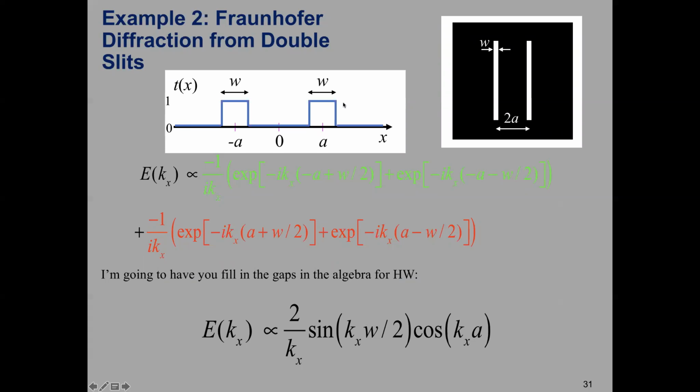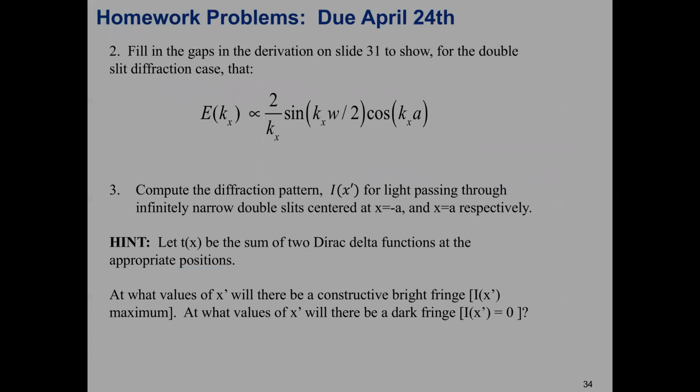And I know those things are annoying, but the great thing about them is that they make integrals very easy. So for your third problem for this set, you're going to compute that diffraction pattern for light passing through these very, very small, narrow double slits that are still a distance 2a apart. And the way to do that is to write T of x as these two delta functions and do the integral. That third problem will give you a third example to practice.